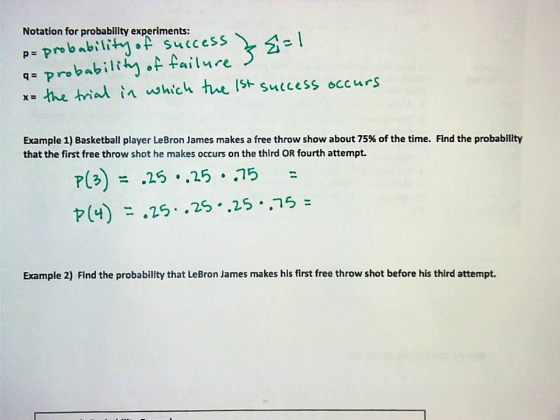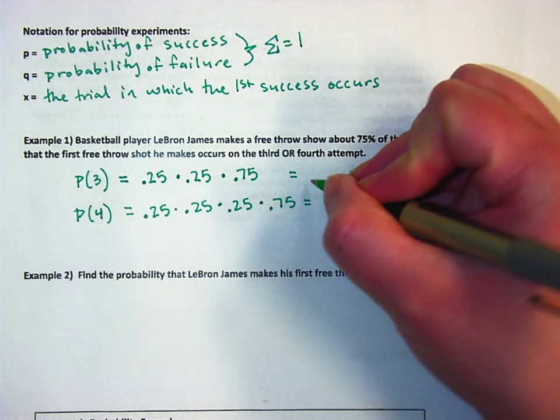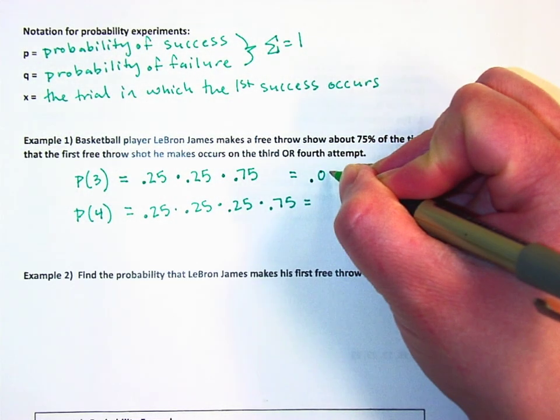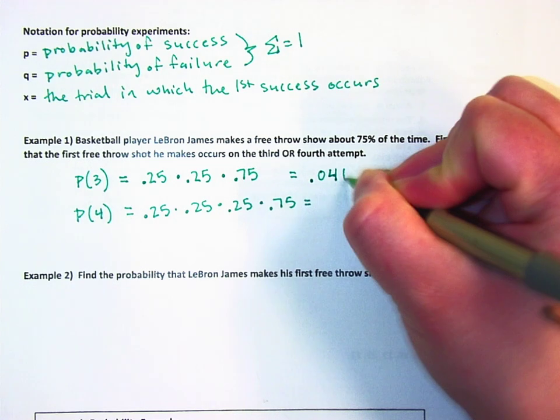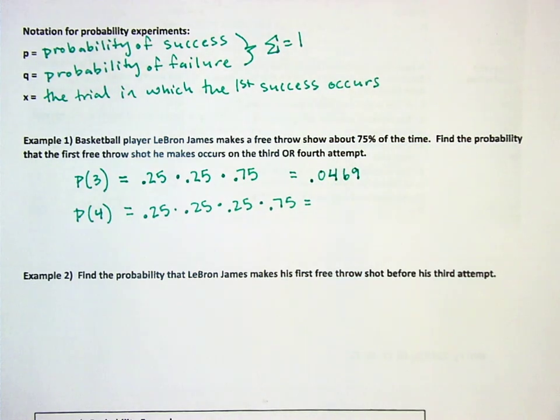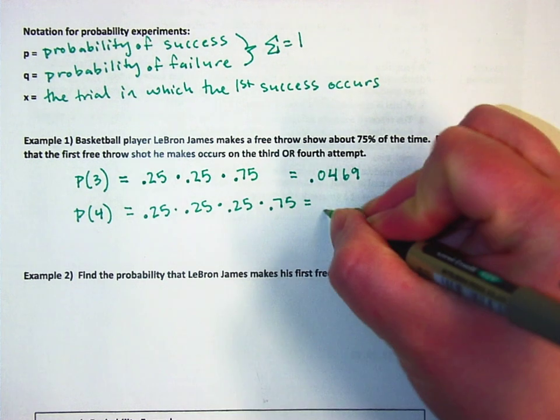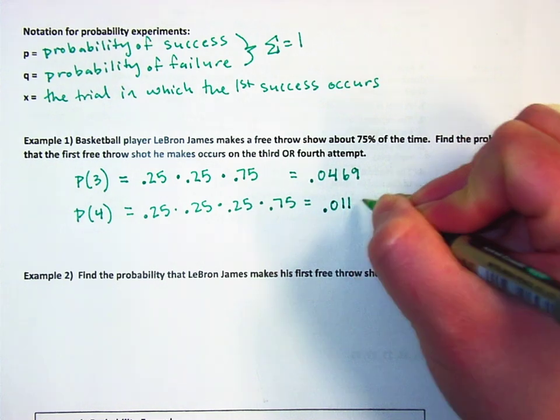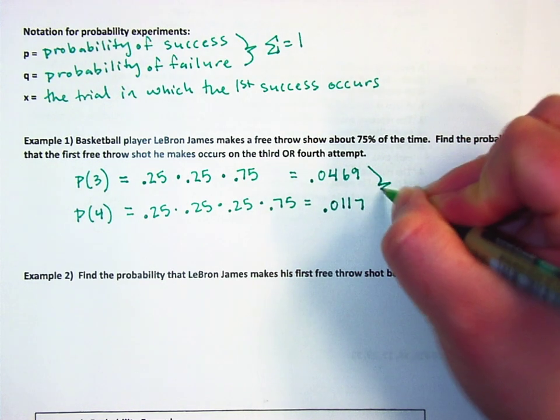If I go on my calculator and I type in this stuff, I get 0.0469 for the first one. That's the chance that his first time he makes it is on his third attempt. And this one is 0.0117. And these are so low.